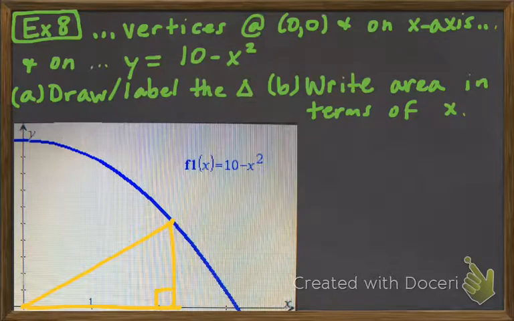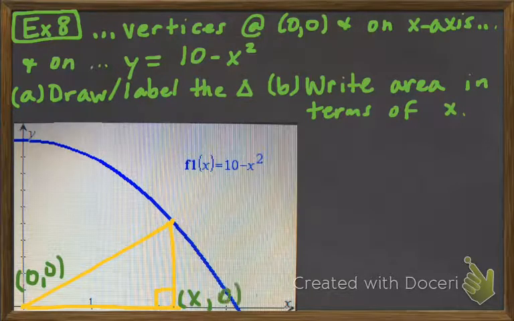Now it says to label the vertices, and I'm going to switch colors because that yellow is not showing up terribly well here. So let's go with this darker green, and then obviously the vertex is 0, 0. This vertex would be x, 0. We have no way to know specifically what x it is right now.